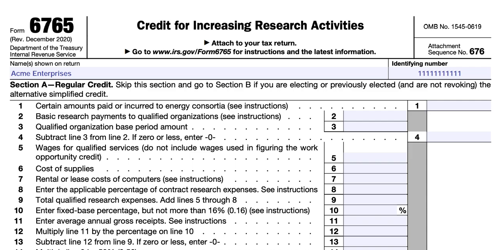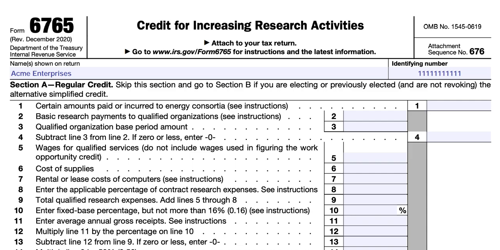This research must be undertaken for discovering information that is technological in nature, and the application of this research must be intended for use in a new or improved business component. Additionally, all of the activities of the research must be new elements of an experimentation relating to a new or improved function, performance, reliability, or quality.